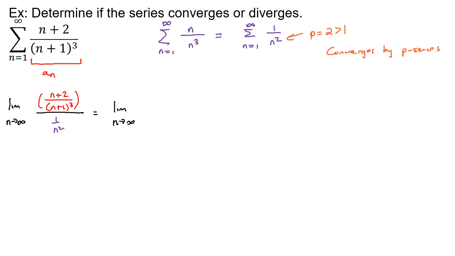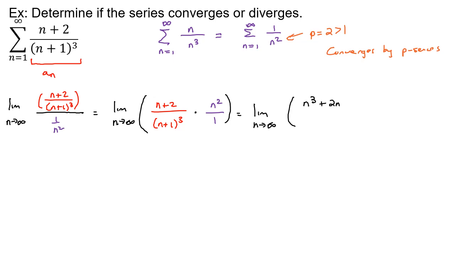I'll flip that over, and I will have n plus 2 over n plus 1 cubed times n squared over 1. So on the top, n squared times n plus 2 will give me n cubed plus 2n squared. On the bottom, you get n plus 1 cubed.